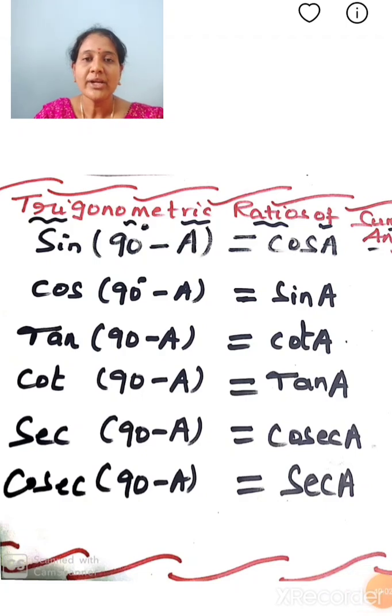The trigonometric ratios for complementary angles are sin and cos, tan and cot, sec and cosec. Sin of 90 minus A is equal to cos A. Cos of 90 minus A is equal to sin A. Tan of 90 minus A is equal to cot A. Cot of 90 minus A is equal to tan A. Sec of 90 minus A is equal to cosec A. Cosec of 90 minus A is equal to sec A.